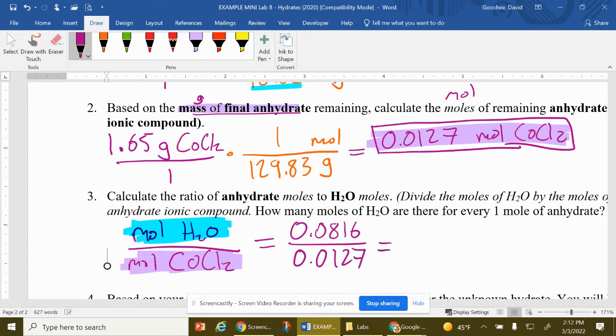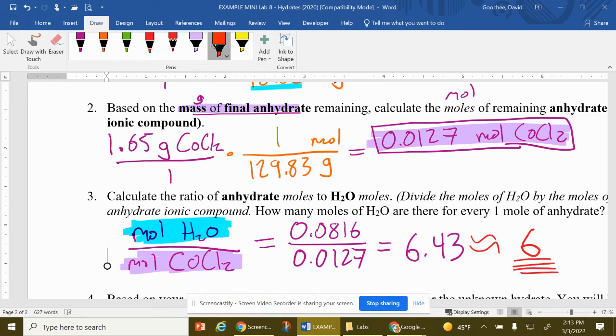So what is that on my calculator? 0.0816 divided by 0.0127. And the answer is 6.43, which, when we round to a whole number, is about 6.